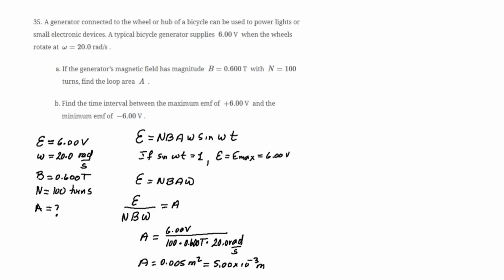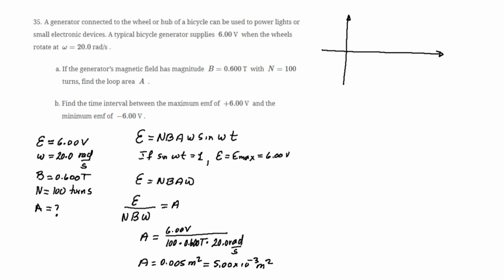Now, they say find the time interval between the maximum electromotive force of 6 volts and the minimum electromotive force of minus 6 volts. So remember that this generator is going to generate an alternating current.